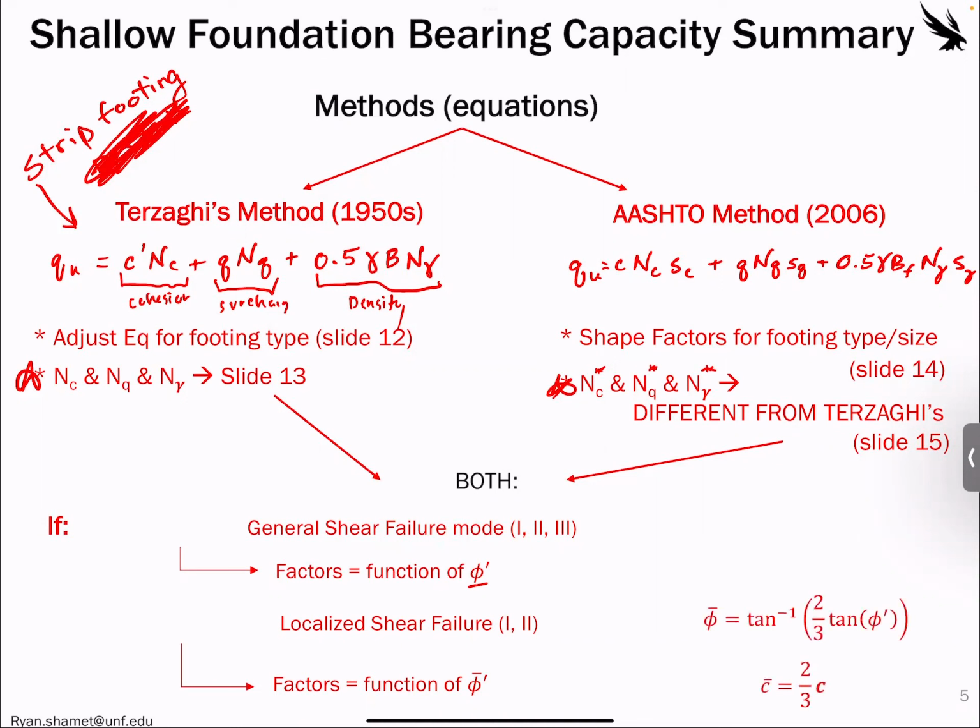So if you had localized shear failure, then you would need to adjust accordingly. And then you would plug this C bar back into our main equation, and use this new friction angle to find these new bearing capacity factors.